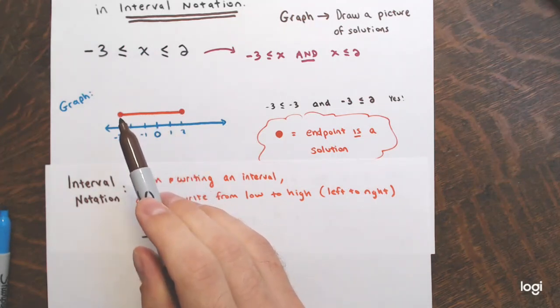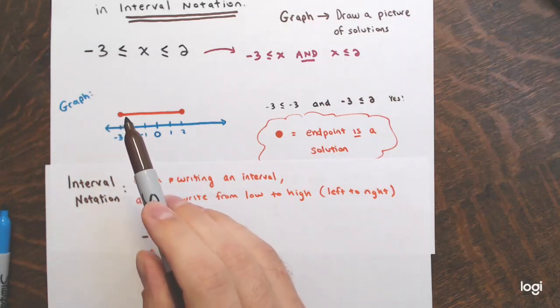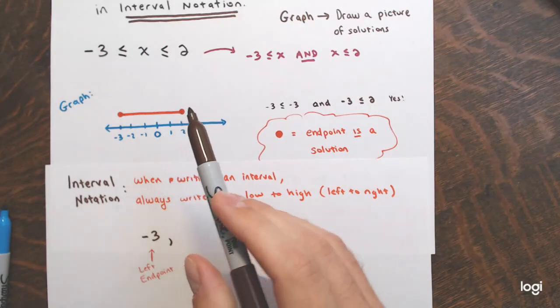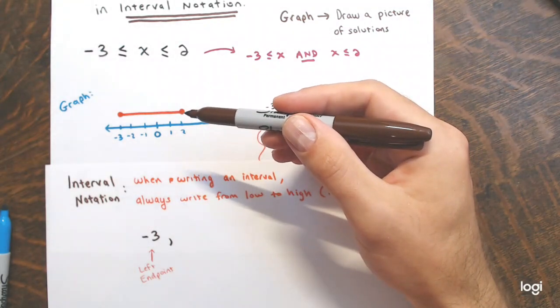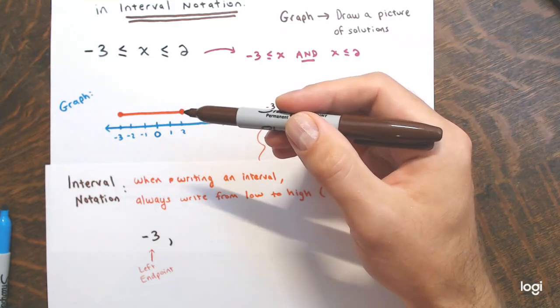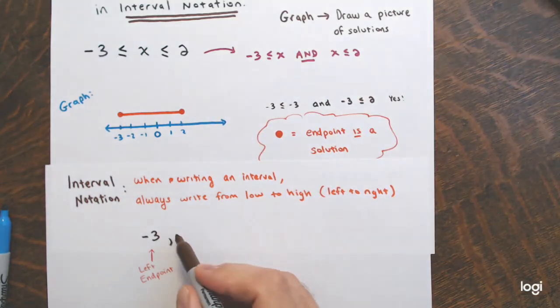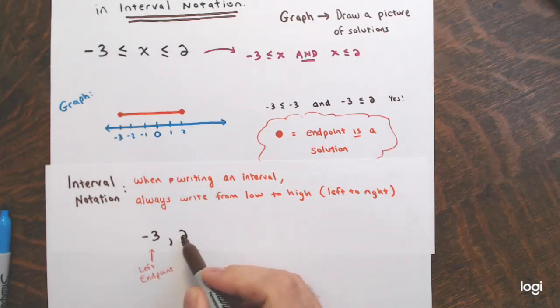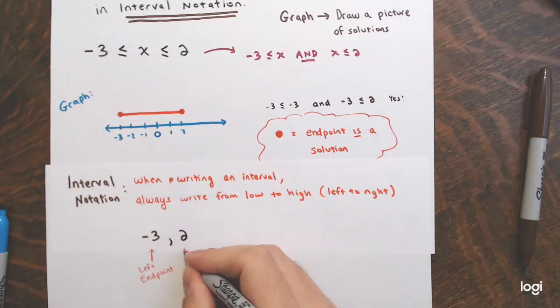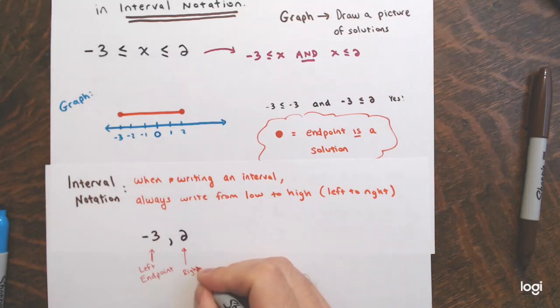I've got -3 as the left endpoint, and then all of the numbers to the right of -3 are solutions, and where this interval of numbers ends is this right endpoint of 2. So you put the left endpoint, comma, and then the right endpoint of the solutions, where we would exit the solution set.